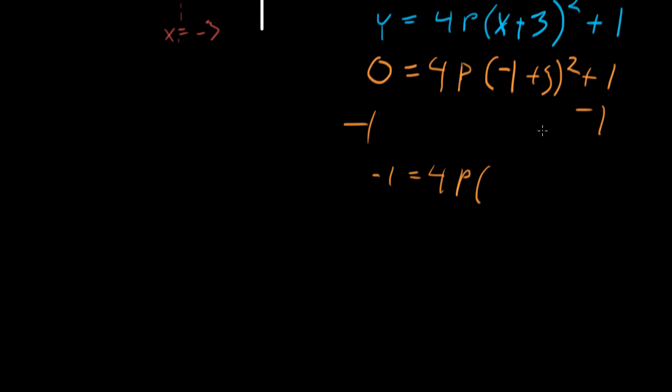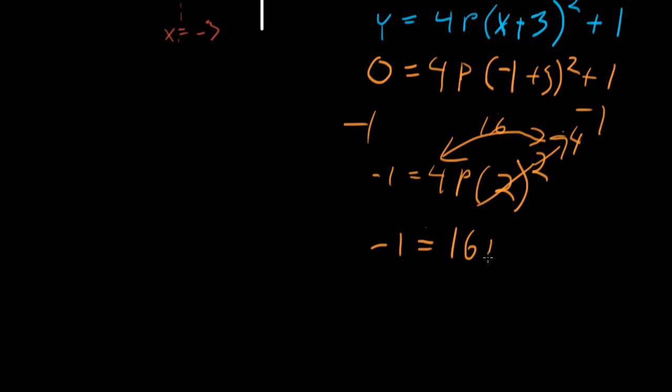Well, let me combine those. It'd be 2 squared. That becomes 4, and 4 times 4 is 16. So negative 1 equals 16p.